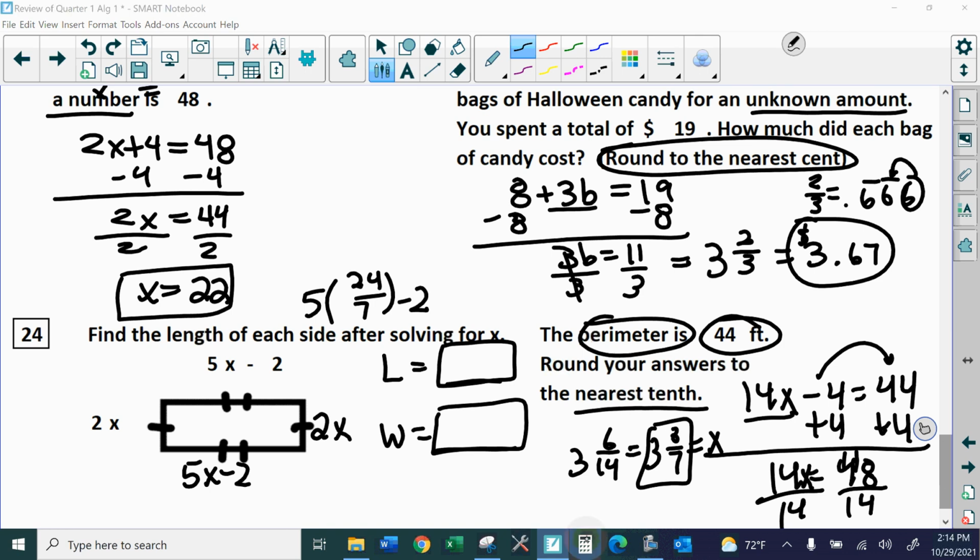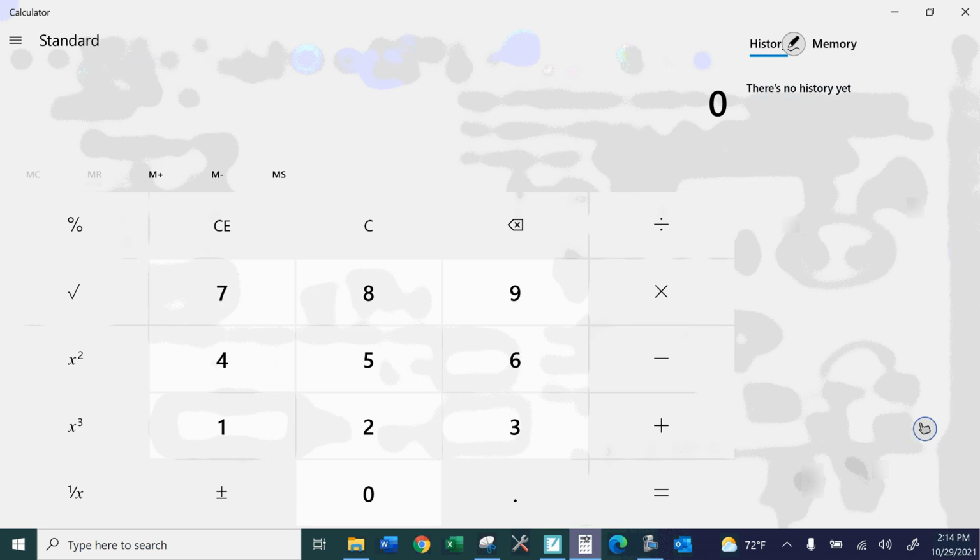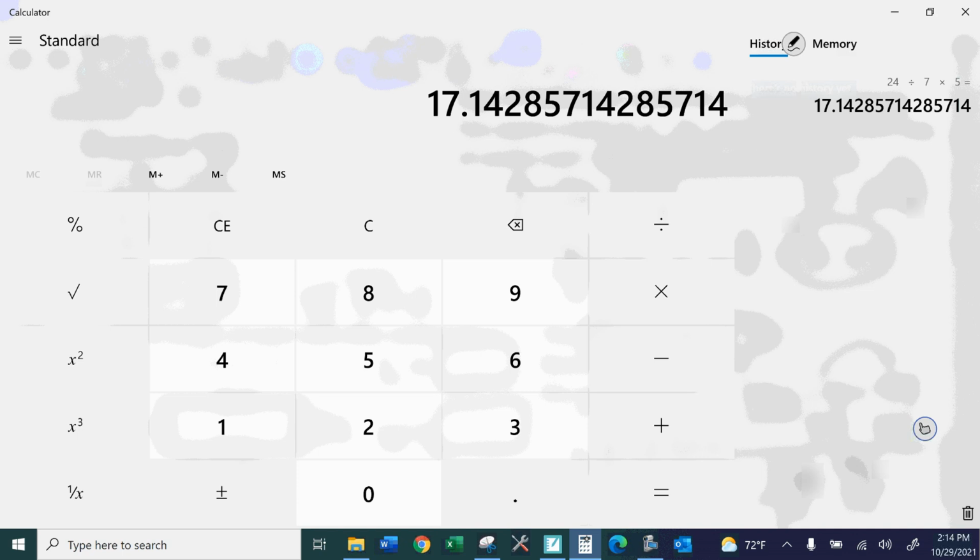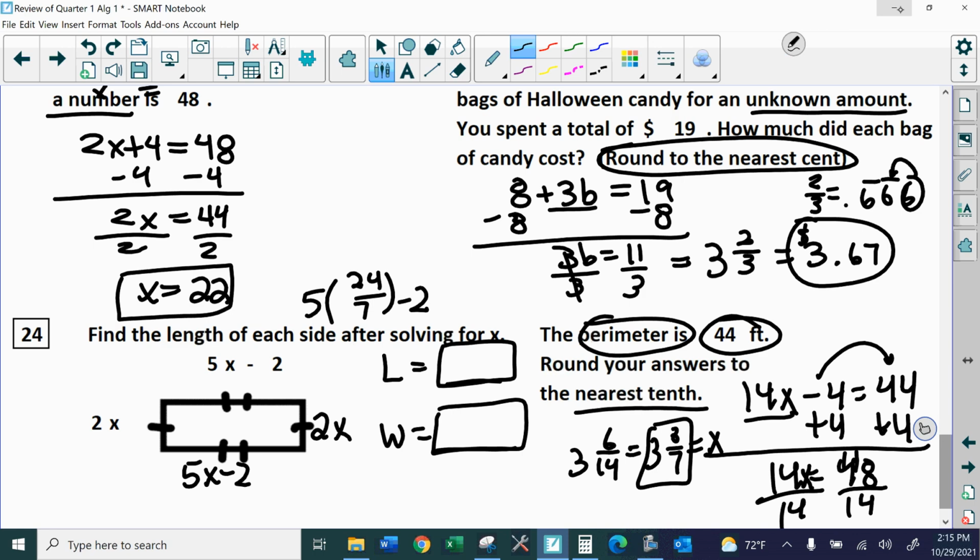So I can go 24 divided by 7 times 5 equals, and then minus 2 equals 15.1. Because remember, I'm looking at the next one over. That's 4 or less, so it's staying the same. 15.1 is what the length is. 15.1 feet. We don't forget the units. It tells me right here, feet.